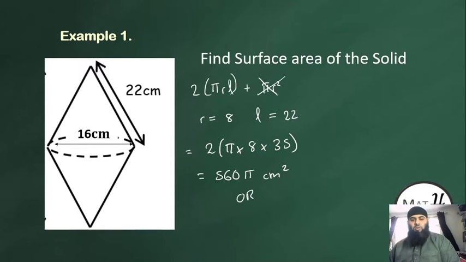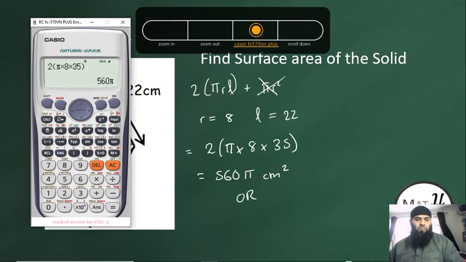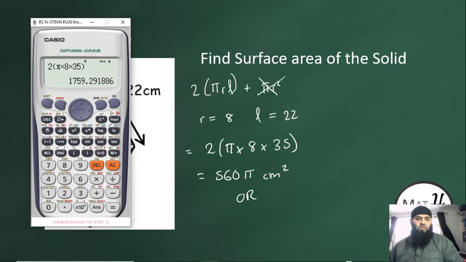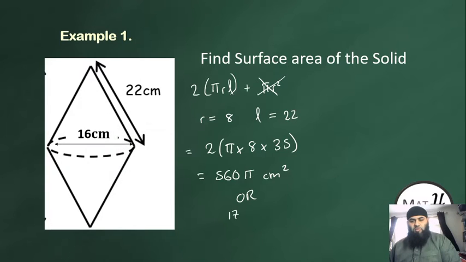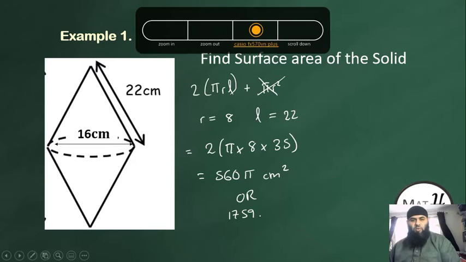It can also give me the other answer, which is 1759. We can just round to 1759, with the decimal places as well, just in case.